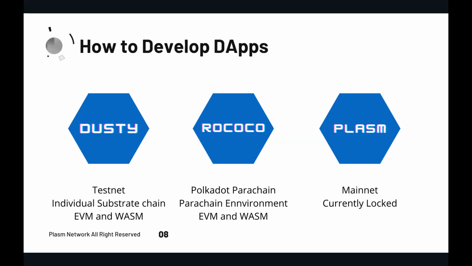We also have a Plasm Network testnet parachain on Rococo, the Polkadot testnet for parachains. We have already connected our blockchain to Rococo, and you can deploy Solidity contracts and WebAssembly contracts on the Polkadot testnet instead of the Dusty Network.